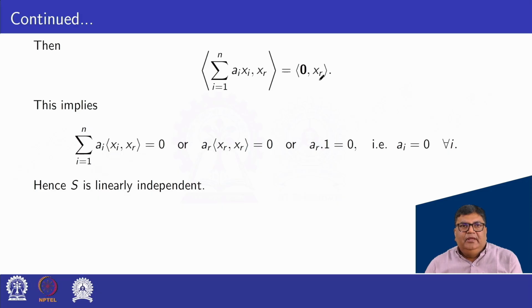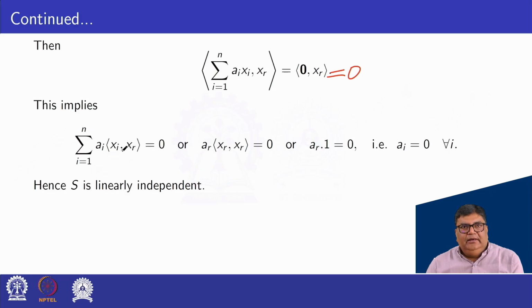Okay. So this implies that the summation over i equal to 1 to n of ai times the inner product of xi and xr is equal to 0. Expanding this, if xi and xr are different vectors, the inner product of xi and xr is 0.